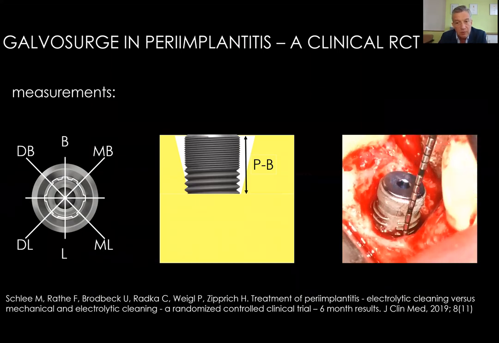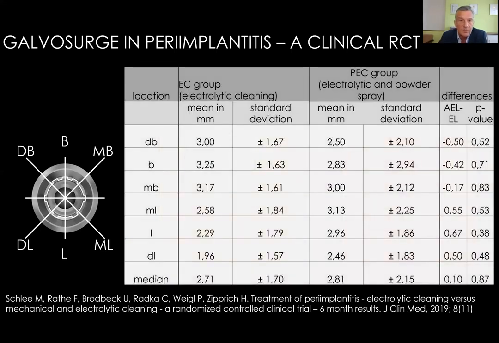This is to demonstrate how we did the assessments. Before surgery, we assessed the distance from platform to bone on 6 points. And these are the things we found out. On the left side, you find the electrolytic group. On the right side, electrolytic group plus powder spray.